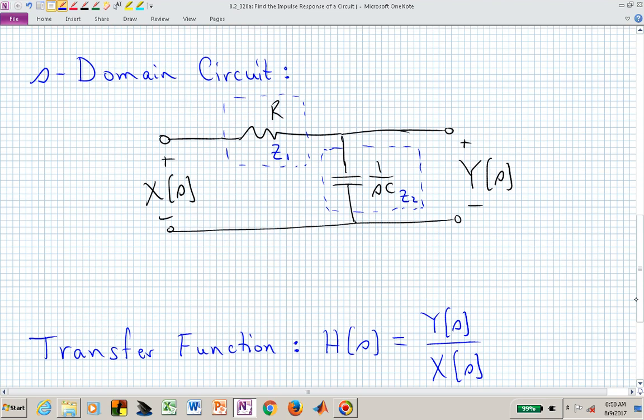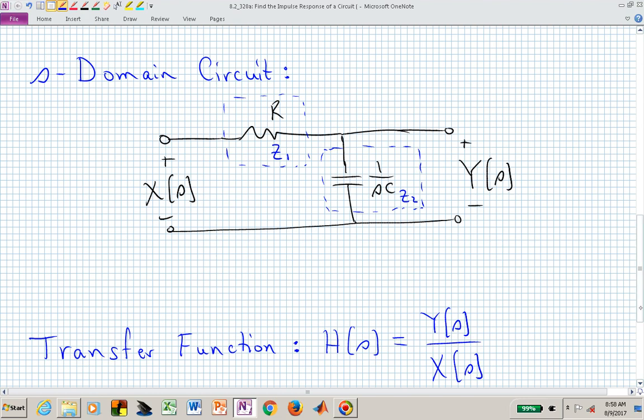And if you remember or think through some of your circuit analysis by abstracting this circuit into a Z1 and a Z2, this is a series circuit, you can now see, hopefully, that the output voltage Y is related to X by a simple voltage divider equation.